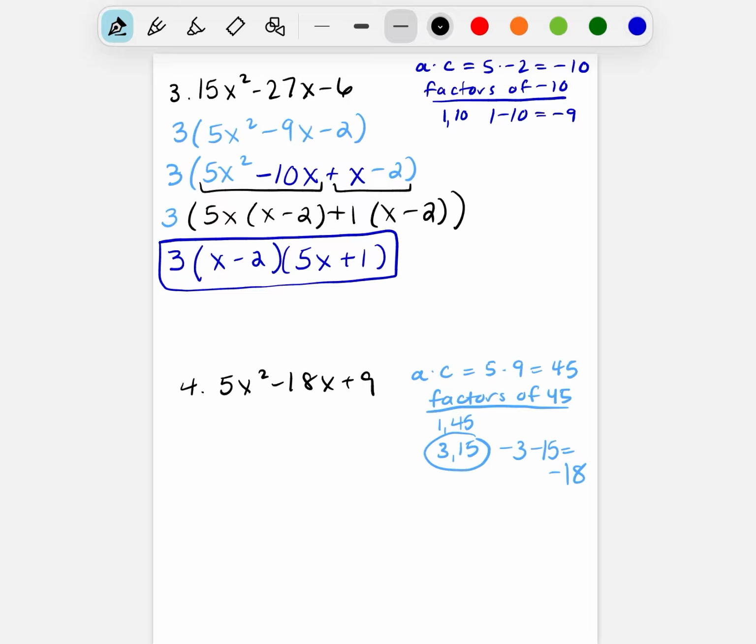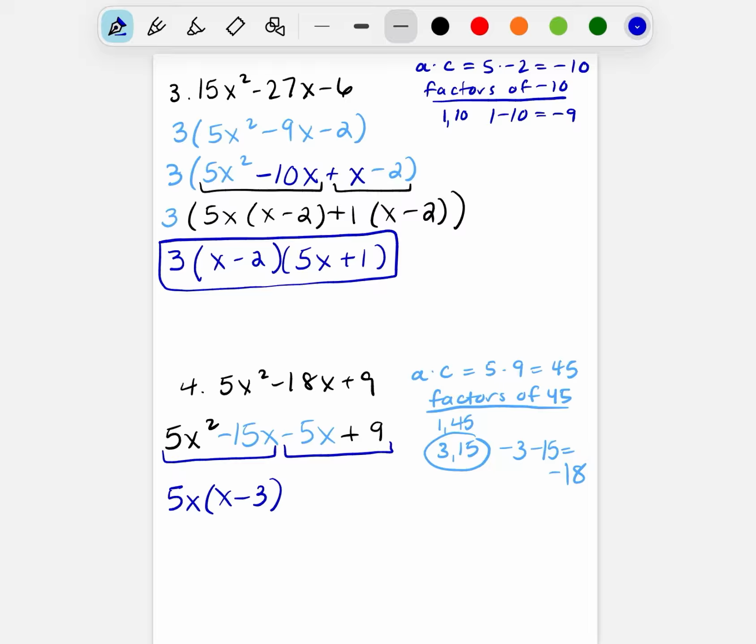So I'm going to keep my 5x squared out front, split up my middle term, negative 15x minus 3x, and I'll keep my plus 9 in the back. Factor by grouping. 5x squared minus 15x, I've got a 5x in common there, that's the greatest common factor, with an x minus 3 left over.